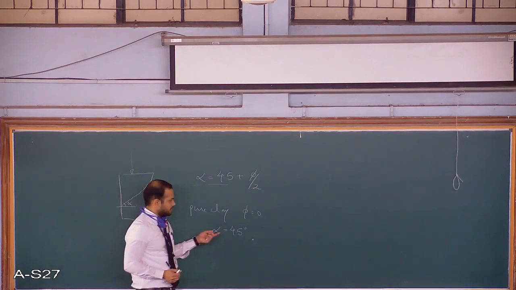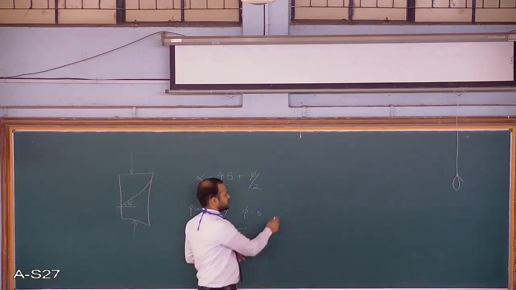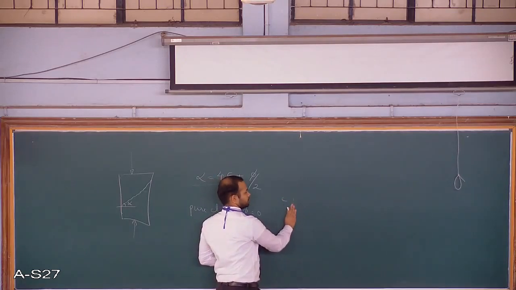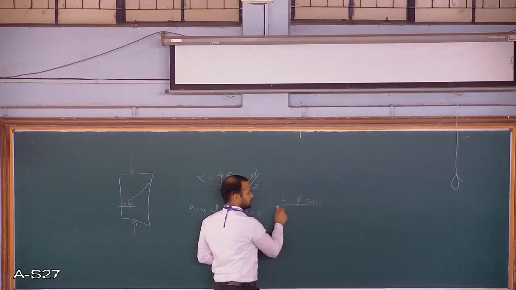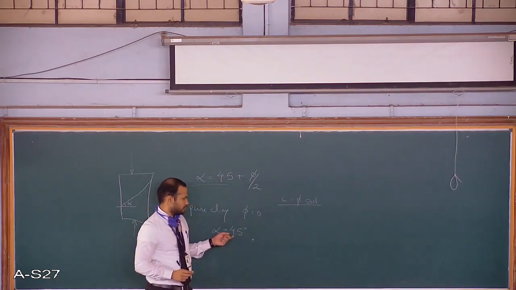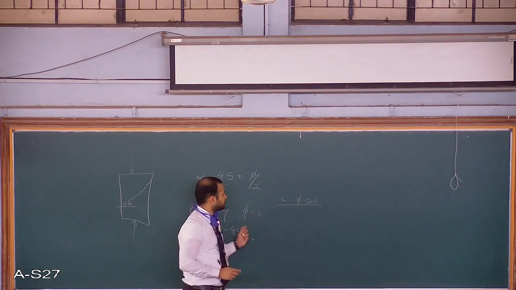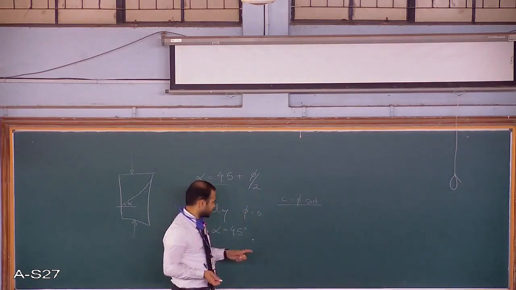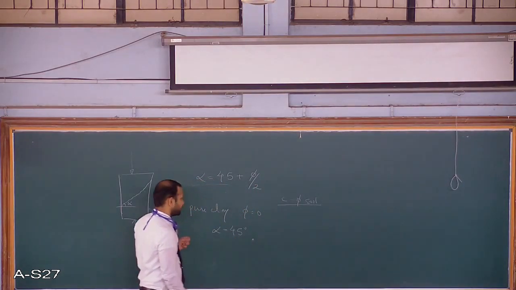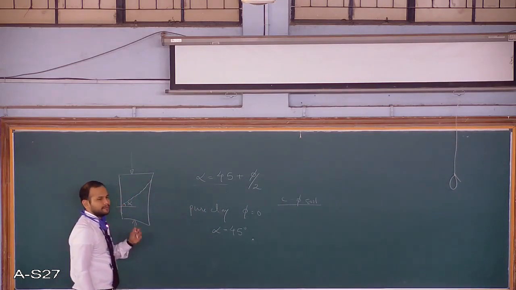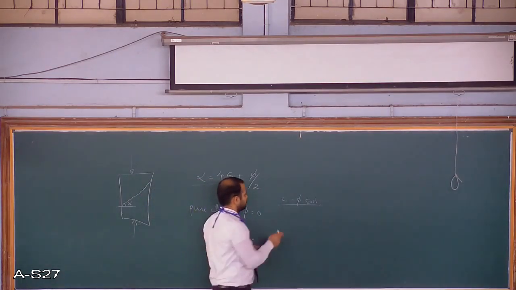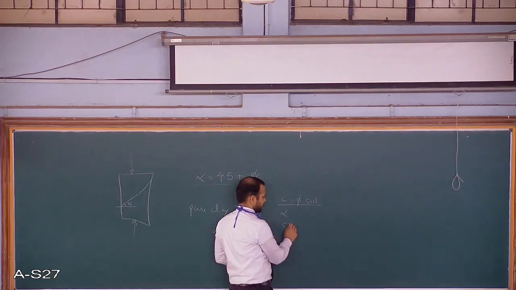If it's not a pure clay soil, it is a c-phi soil, then your alpha is not 45, it will be higher than 45. From that you can find phi. Let's say you measure the alpha here and it comes out to be 55. So my alpha is 55.